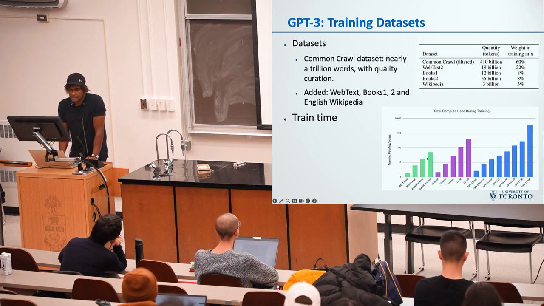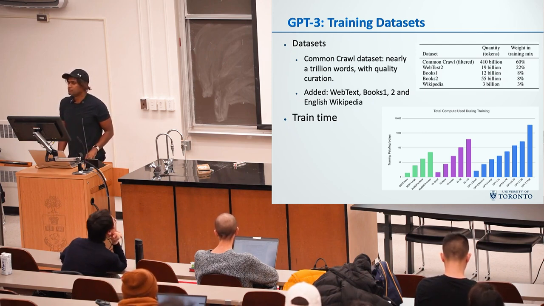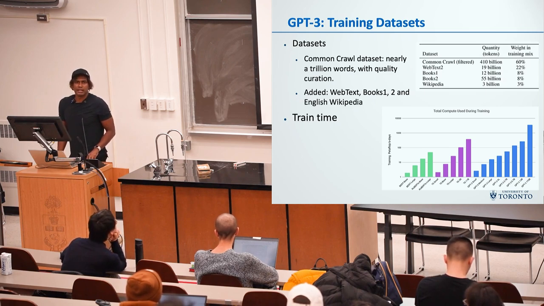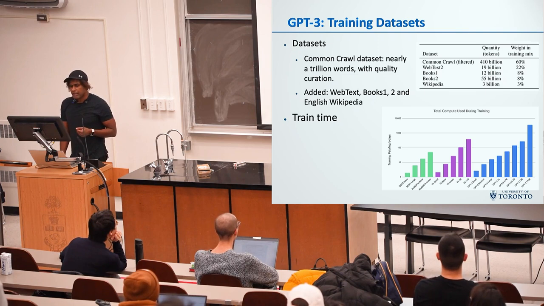Some of the training data sets that they published were the Common Crawl data set, which is nearly 1 trillion words with quality curation. Another thing to note is that these days, papers are increasingly less interested in divulging what training data set was used, because I guess they don't want to get sued down the line, but at that stage, people were disclosing. There are also WebText, Books 1 and 2, and English Wikipedia.